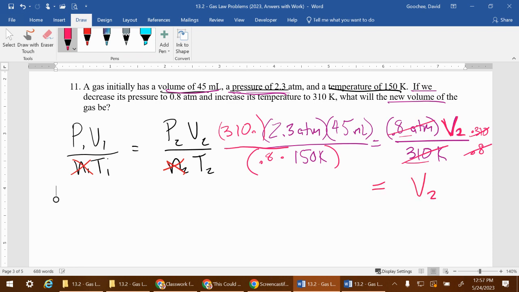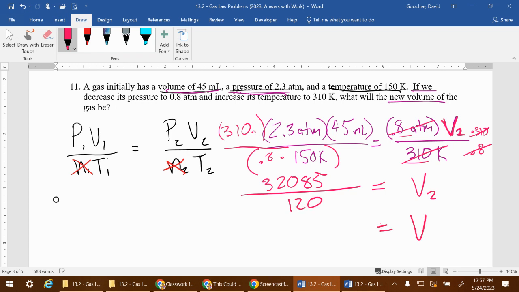I'm going to do this in steps. I'm going to start by simplifying the top of the fraction, all right? 310 times 2.3 times 45. So on top, I got 32,085. All right, on the bottom, 0.8 times 150. The bottom is 120.